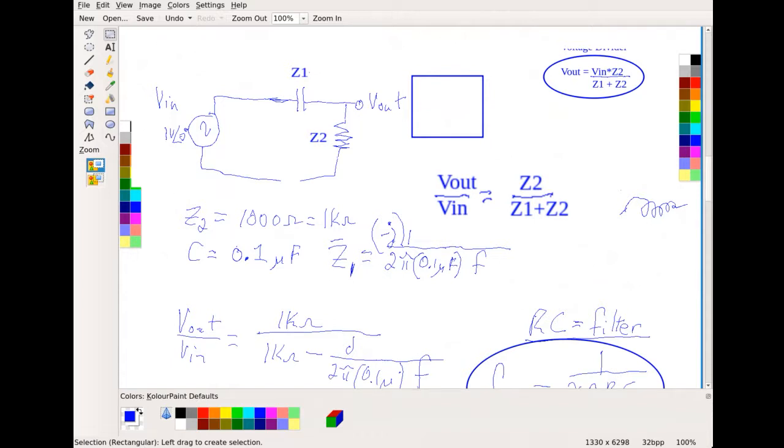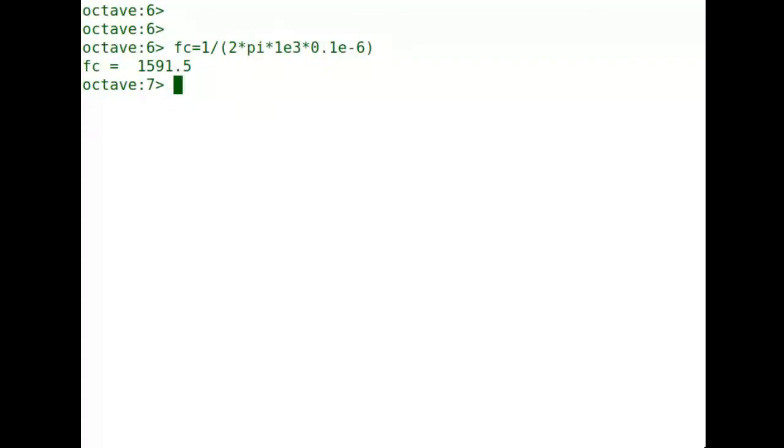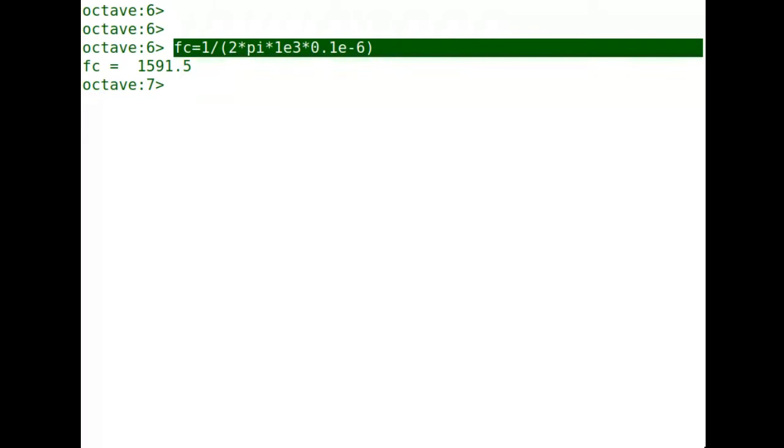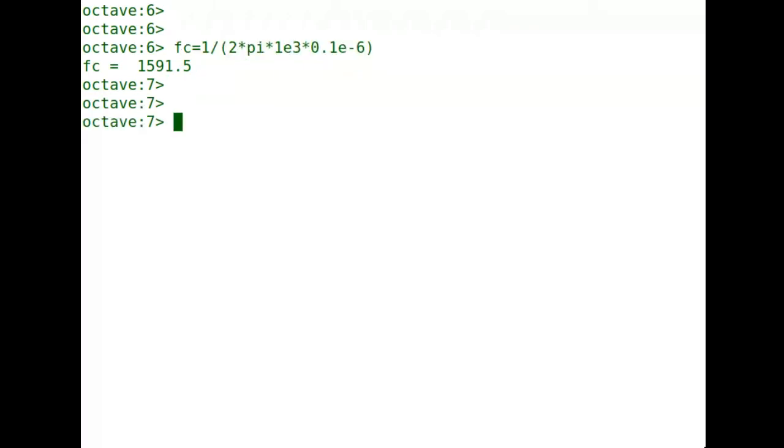In Octave, here's the calculation I just made, the critical frequency or cutoff frequency equation. I'm going to define R equal to 1e3, so we can see that's 1,000.